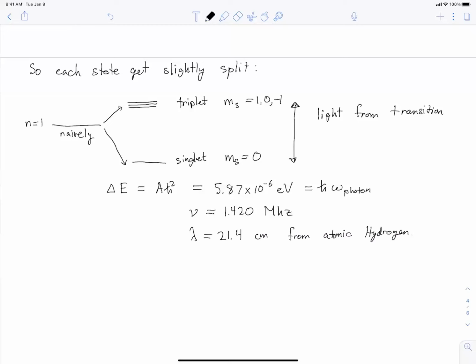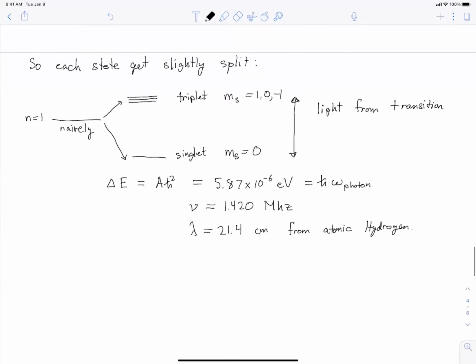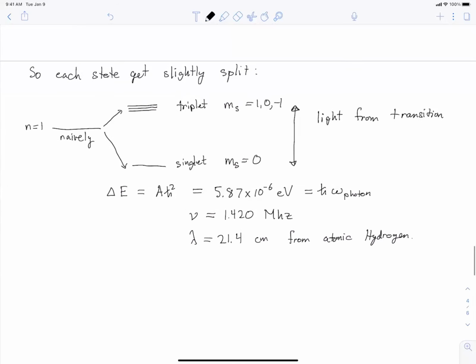And in fact, this is a way of mapping out in astrophysics and cosmology the atomic hydrogen throughout the universe. So this is an extremely important line, called the 21 centimeter line from hydrogen. And now we've understood where it comes from: transitions between the no longer degenerate components of the n equals 1 ground state of the hydrogen atom.